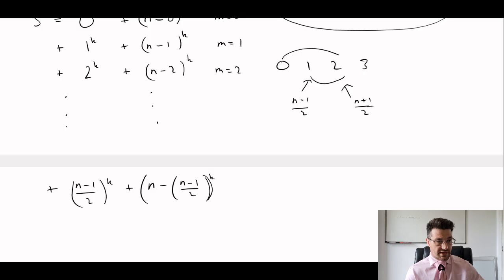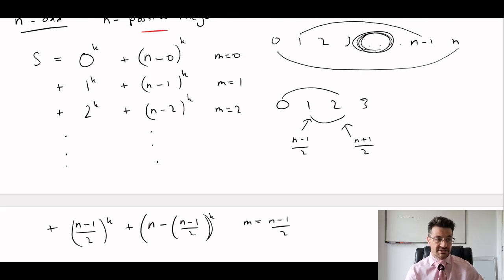In the last case, we've got m is equal to (n minus 1) over 2. So m, in each case, is a non-negative integer.